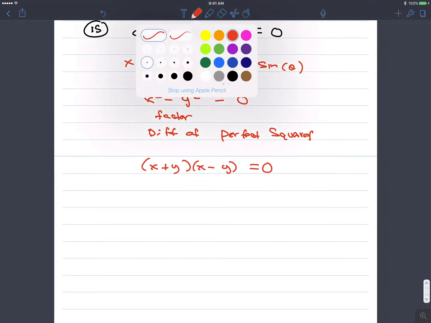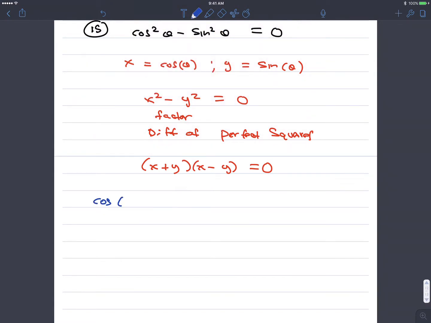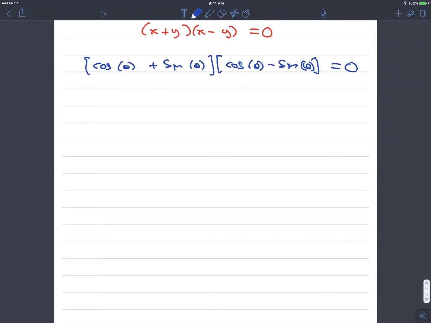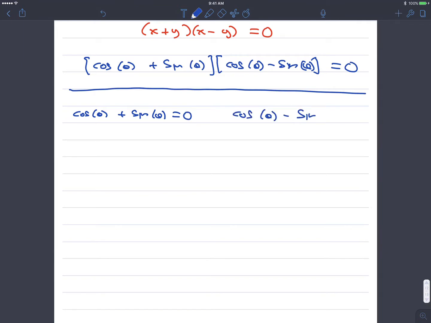That suggests that cosine theta plus sine theta times cosine theta minus sine theta equals 0. Now, using the zero product rule, cosine theta plus sine theta is 0. We also say cosine theta minus sine theta is 0 as well.